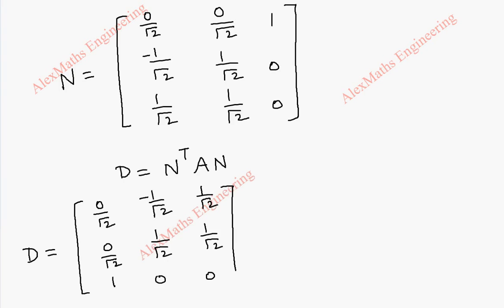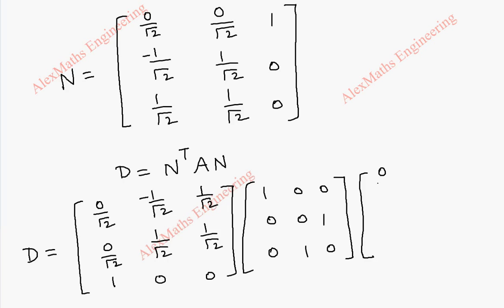Then we write the matrix A, which is 1, 0, 0, 0, 0, 1, 0, 1, 0. And N is once again the same matrix, which we copy here: 0 by root 2, minus 1 by root 2, 1 by root 2, then 0 by root 2, 1 by root 2, 1 by root 2, then 1, 0, 0.